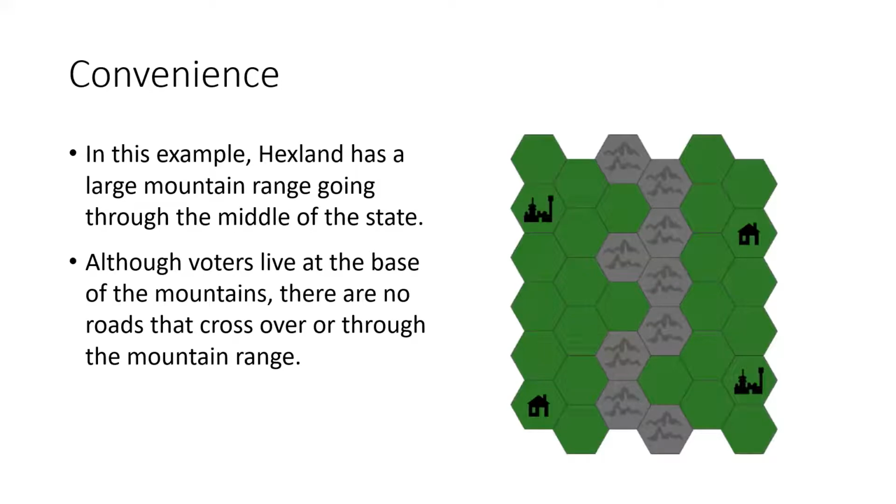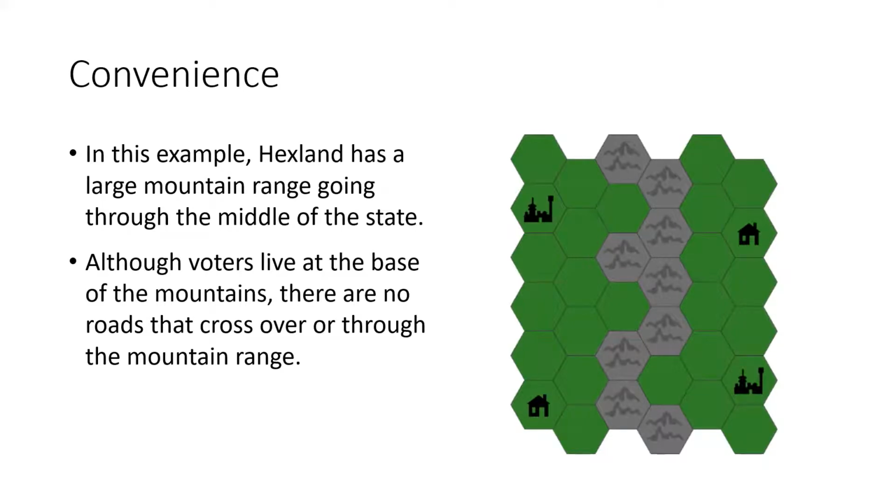So in this example map of Hexland, we've got Hexland that is split and divided down through the middle by a large mountain range. Voters live at the base of the mountains, so there are populations in those districts, but there are no roads that cross over or through the mountain range.